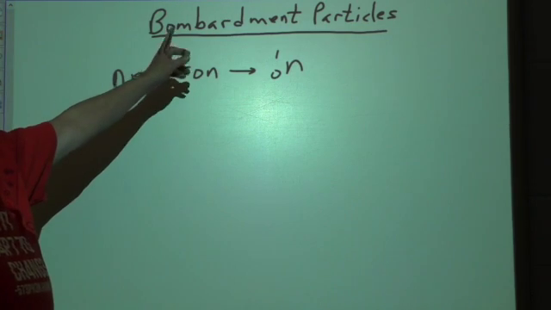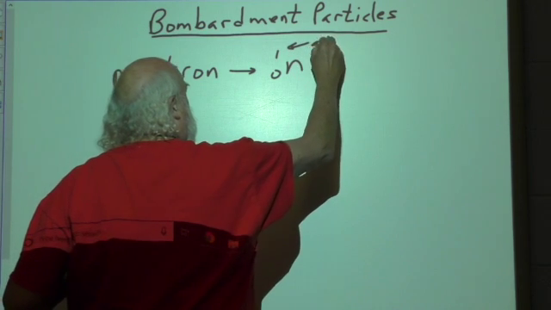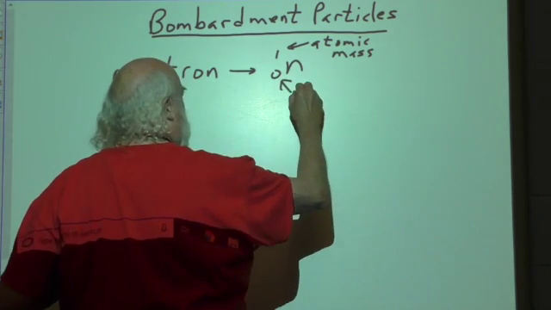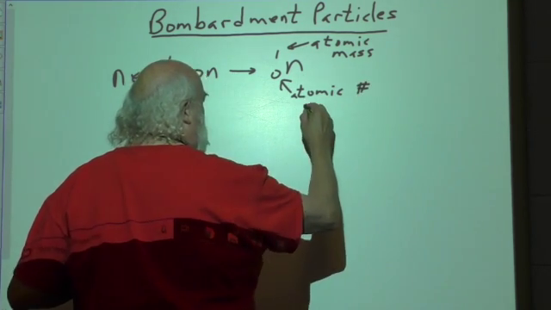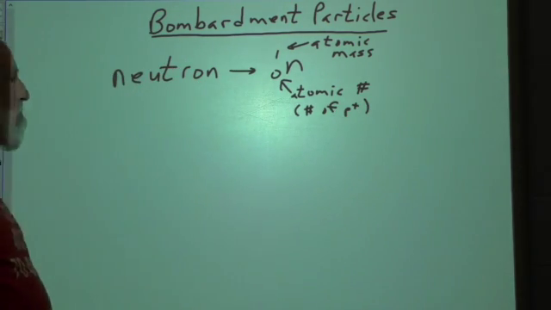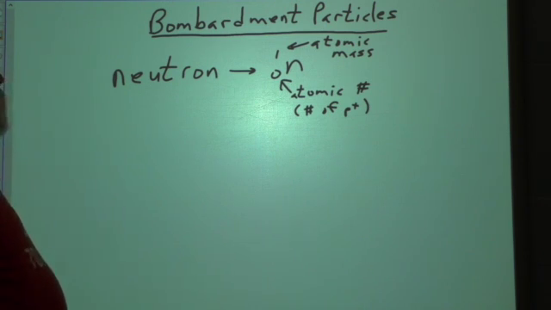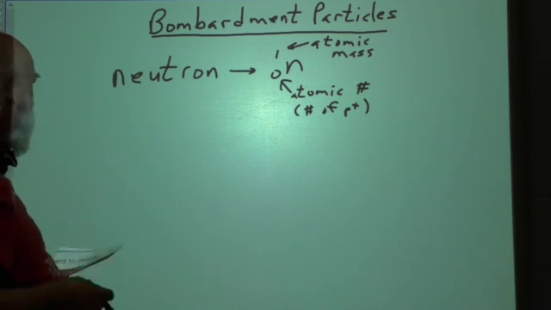Remember, the top number is the atomic mass, and the bottom number is the atomic number, which is the number of protons. Okay? All right, so that's the neutron, and they'll bombard with it and the nucleus will absorb it, and it does what it does after that.